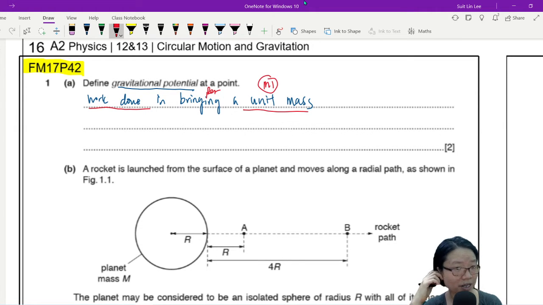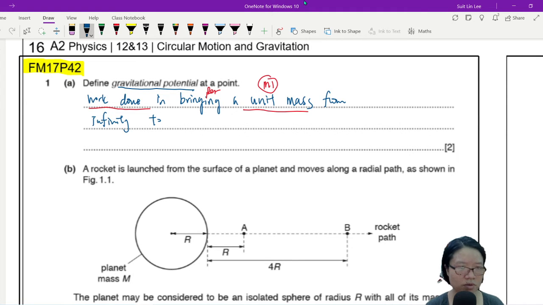So work done in bringing a unit mass, or per unit mass, from infinity to a point in the gravitational field. The next mark will be from infinity to a point.